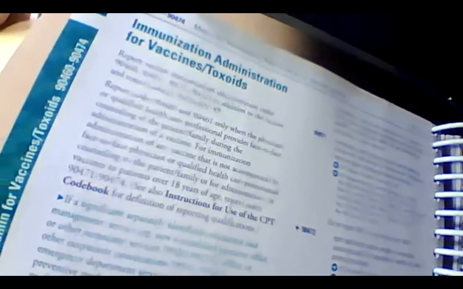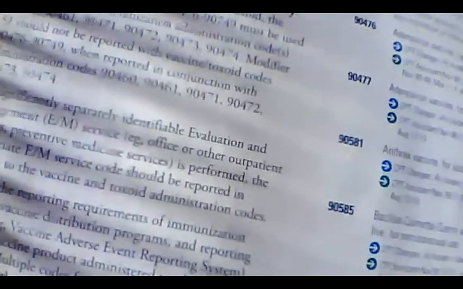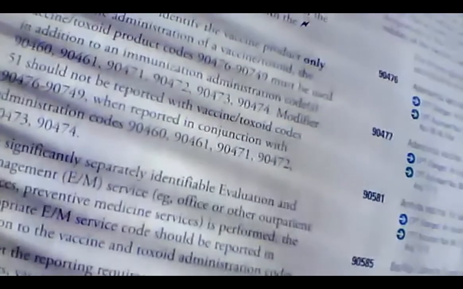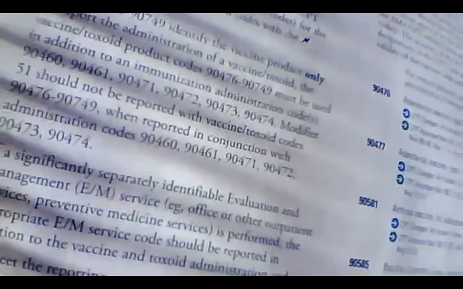We know that we needed to go here because when we started in the vaccines and toxoids, there were in-section guidelines from page 699 that told us to use additional codes for the vaccine administration from codes 90460, 90461, 90471, 90472, 90473, and 90474. These are the codes that we would reference when selecting the correct vaccine administration.